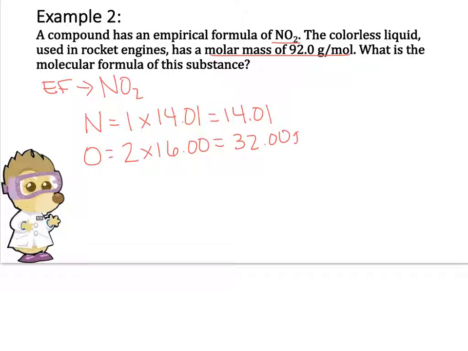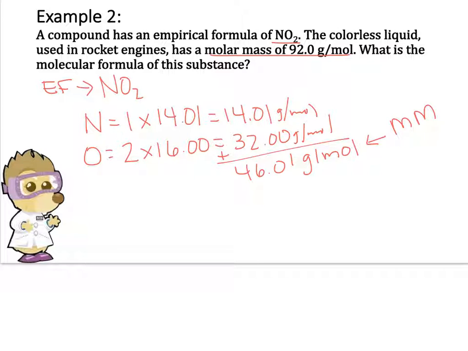And these are both in grams per mole. Anyway, we add these down to get the molar mass. So we end up with 46.01 grams per mole. Okay, so that is our molar mass for the empirical formula.